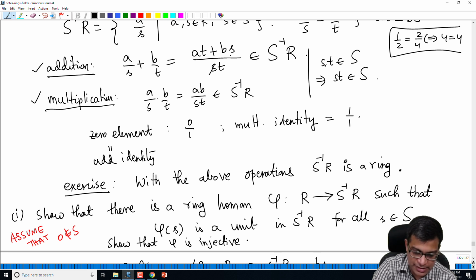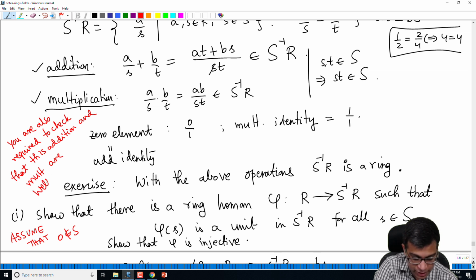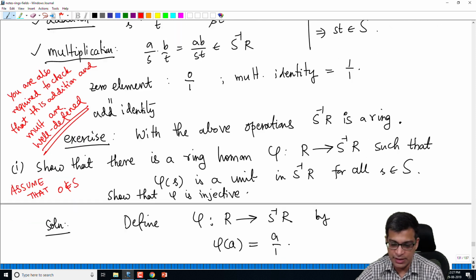So hidden in this exercise, you are also required to check that this addition and multiplication are well defined. Only after you check that they're well defined, you can start verifying that the ring axioms are satisfied.